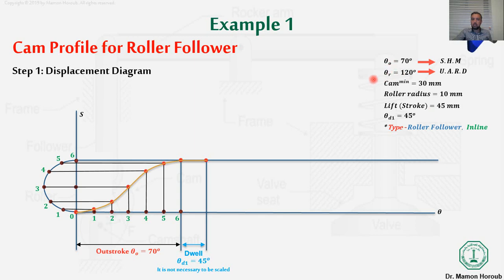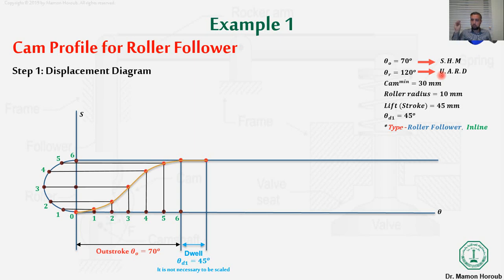Now we need to draw the second period, which is the return period or the fall period. Here we said it's a uniform acceleration or retardation. There is a procedure to draw the uniform acceleration, or as I said, there is another approach.